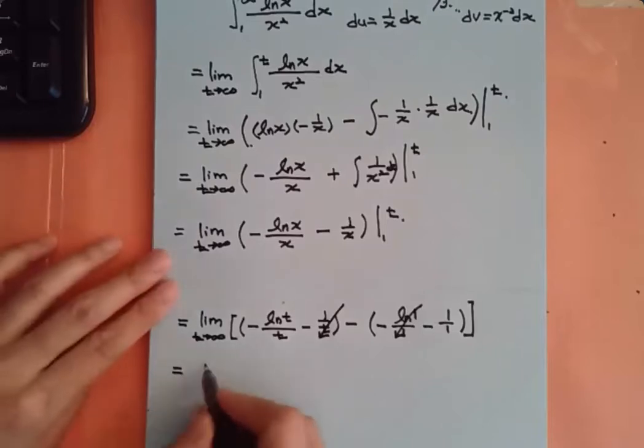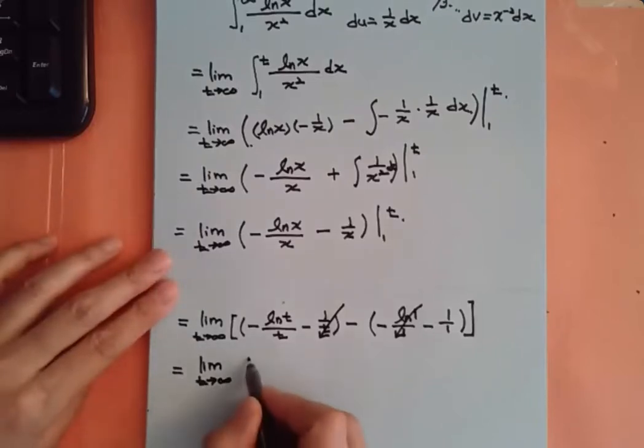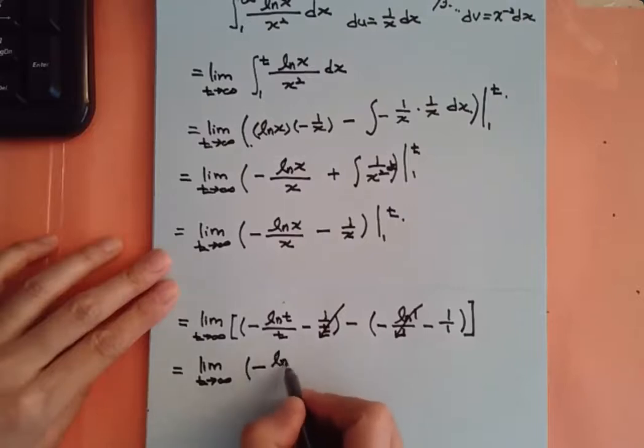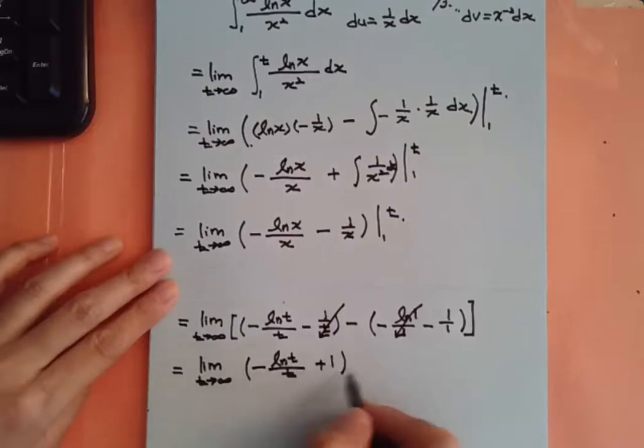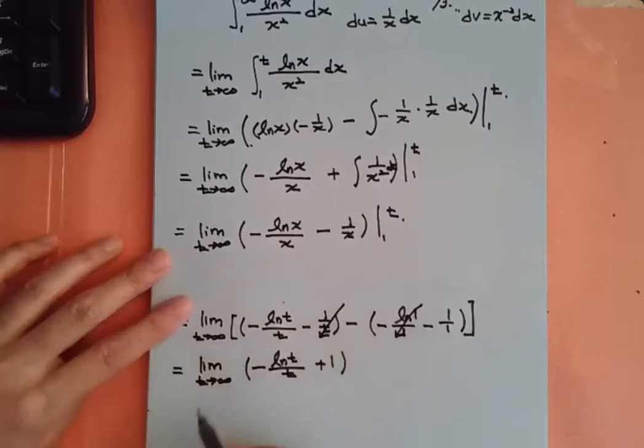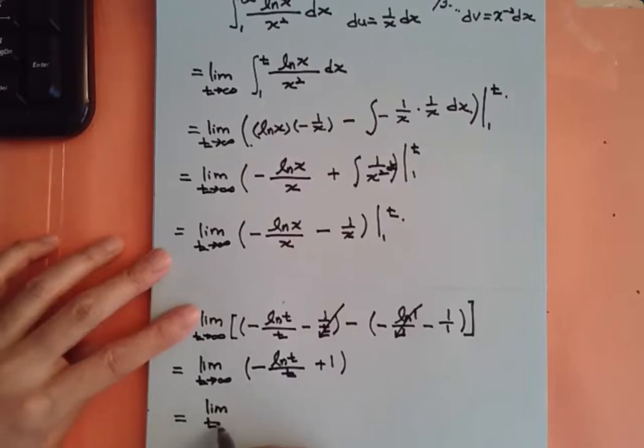So we have the limit as t goes to infinity of minus natural log of t over t plus 1, since minus minus makes plus. Then we will use L'Hopital's rule, because both numerator and denominator go to infinity.